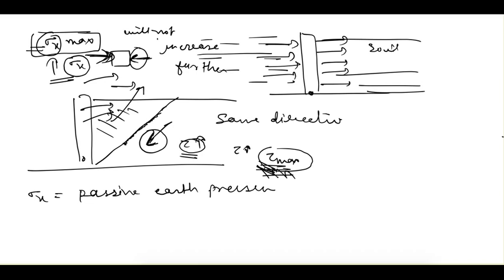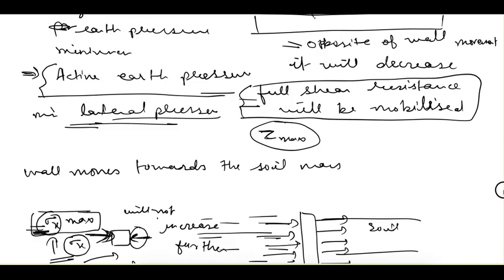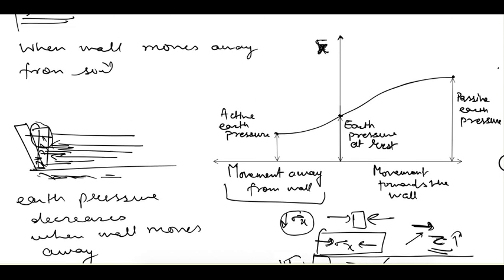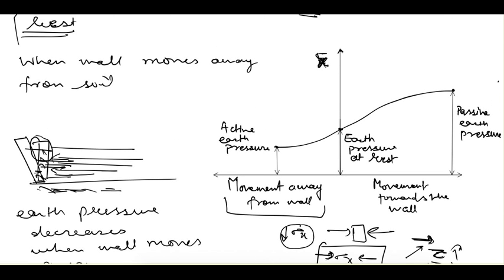So here we can see that when the shear resistance is increasing, sigma x was also increasing, and in the previous case, when the shear resistance was increasing, sigma x was decreasing. This is what we can see from this diagram.